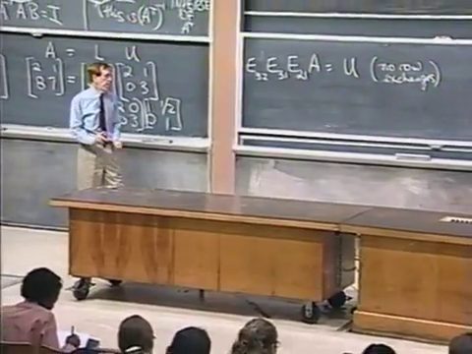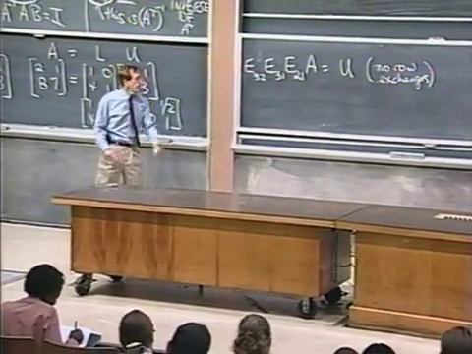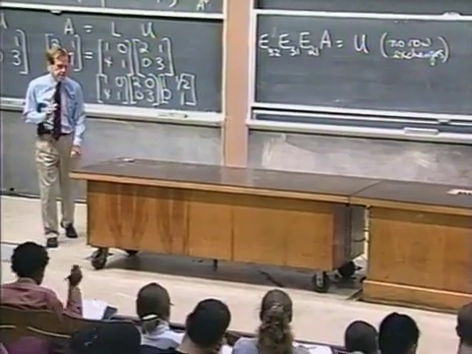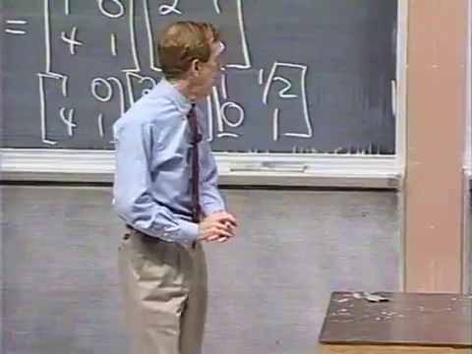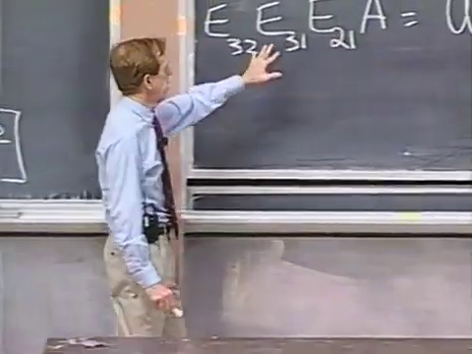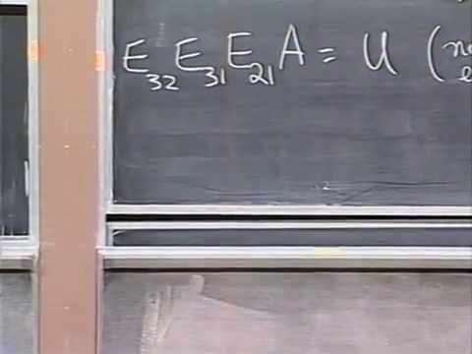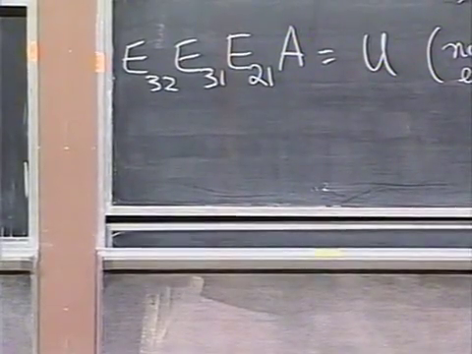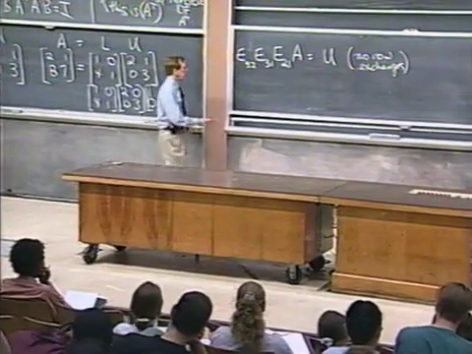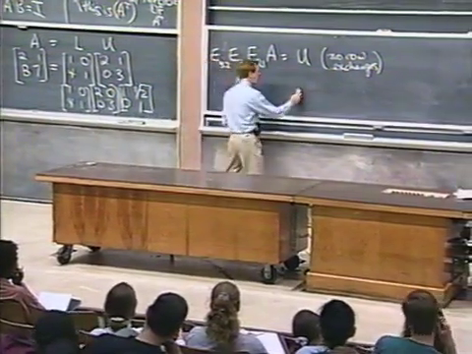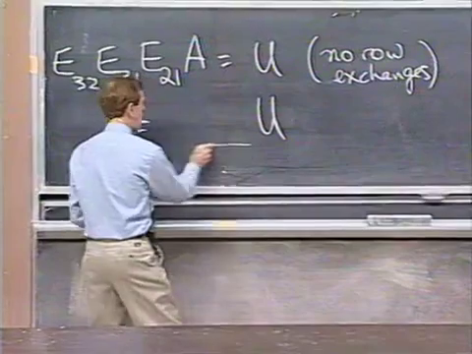Okay, now suppose I want that stuff over on the right-hand side, as I really do. That's my point here. I can multiply these together to get a matrix E, but I want it over on the right. I want its inverse over there. So what's the right expression now? If I write A and U, what goes there?